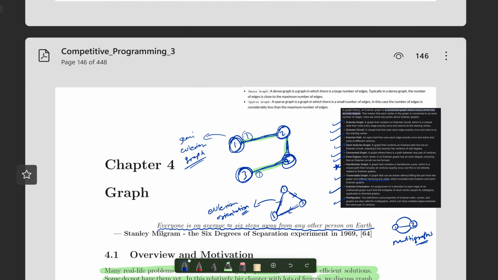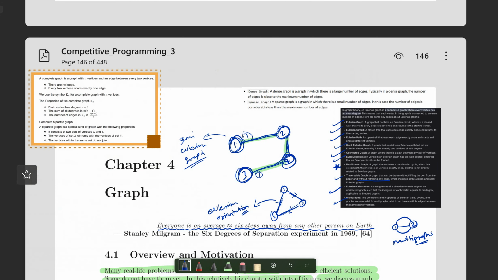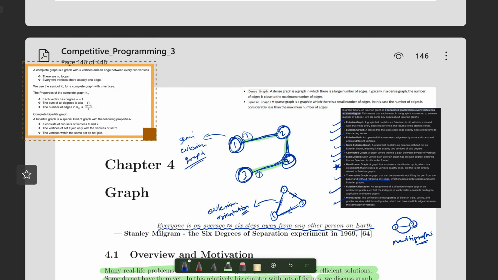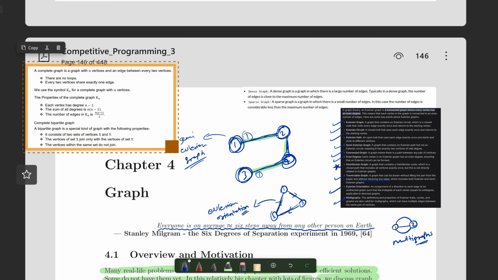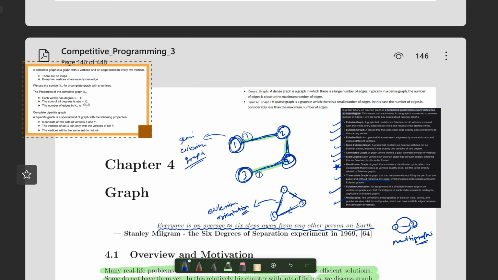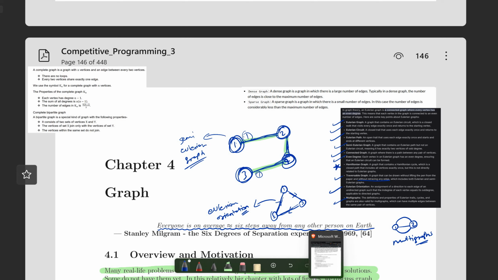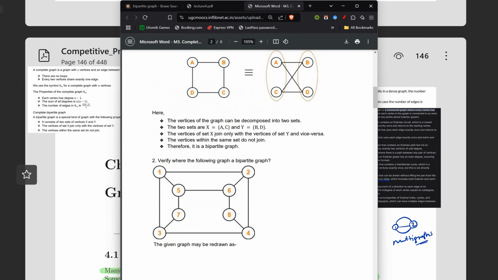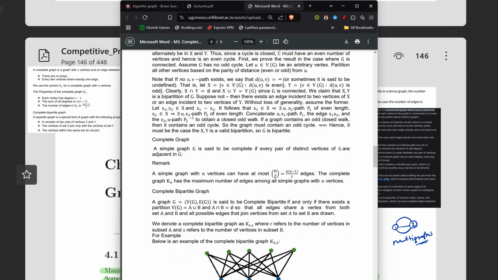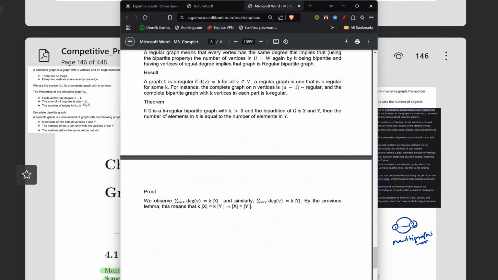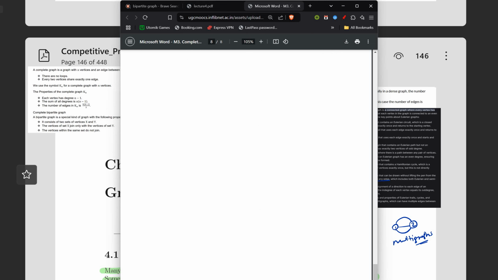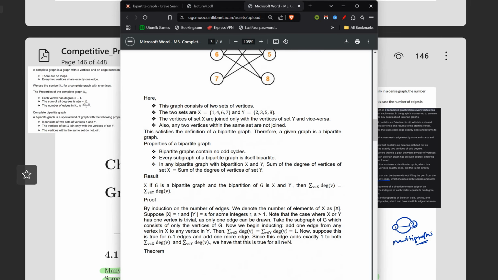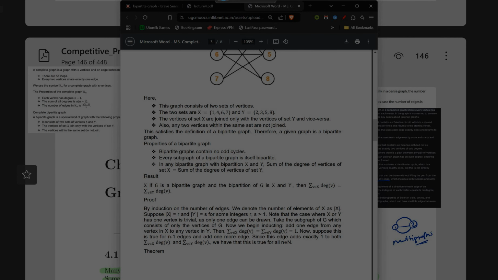We have to stick it, I guess I should here. So this was actually a good PDF to learn about bipartite graph. These are the properties of bipartite graph.